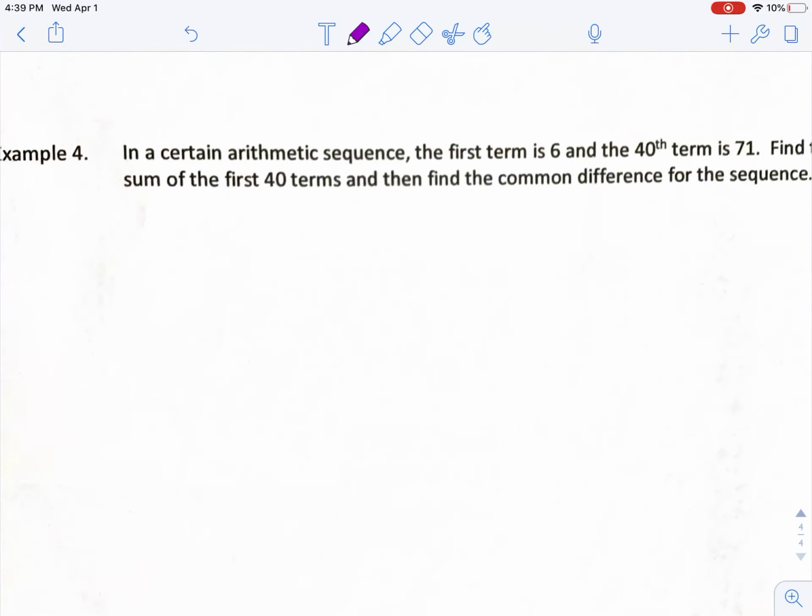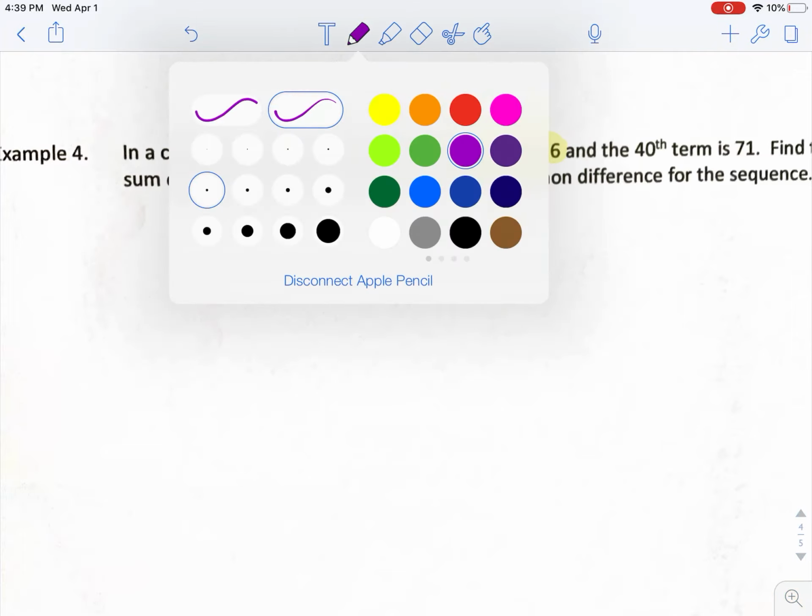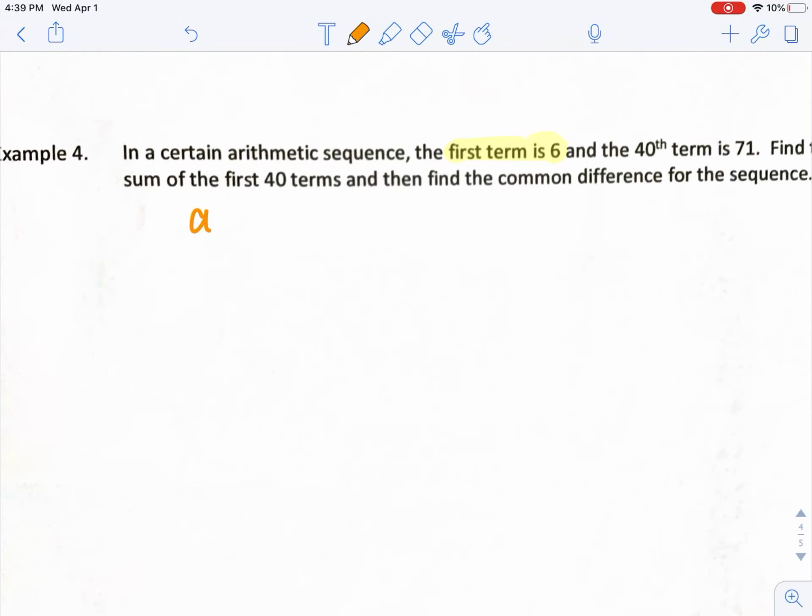In this one, you're given that the first term is 6. So I'm given A is 6, and we're given the 40th term is 71. So I'm also given A sub 40 is 71. It wants the sum of the first 40 terms, so n is 40.